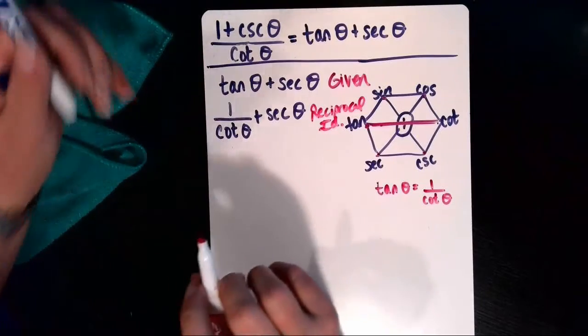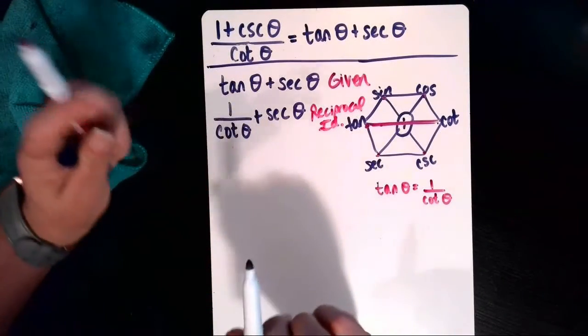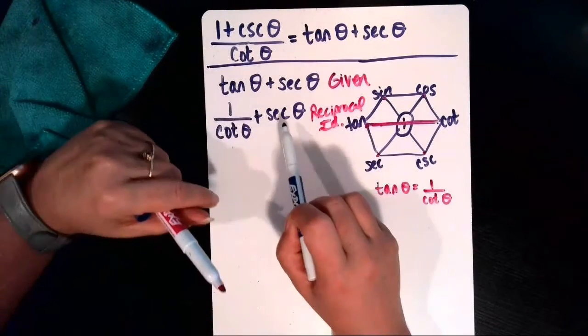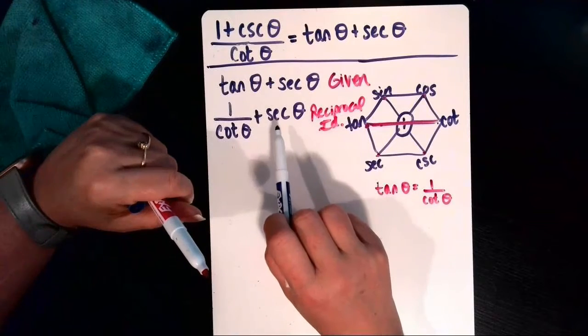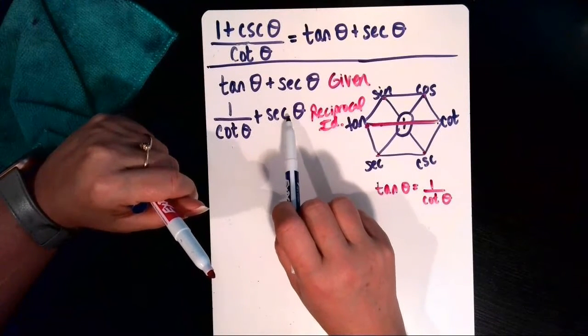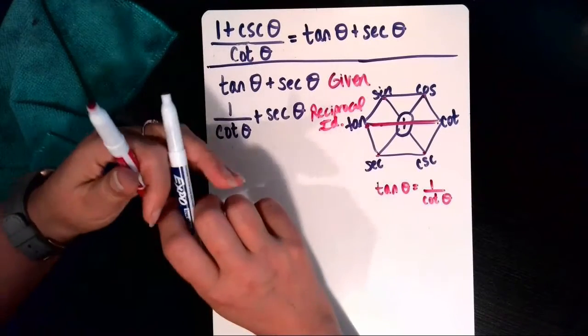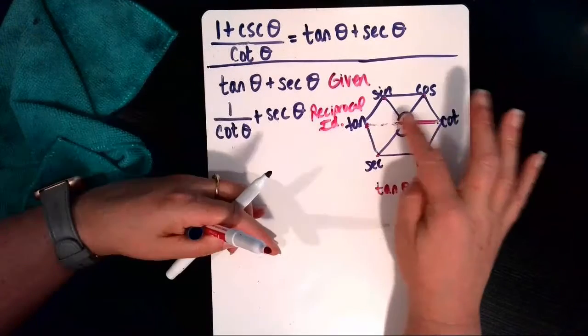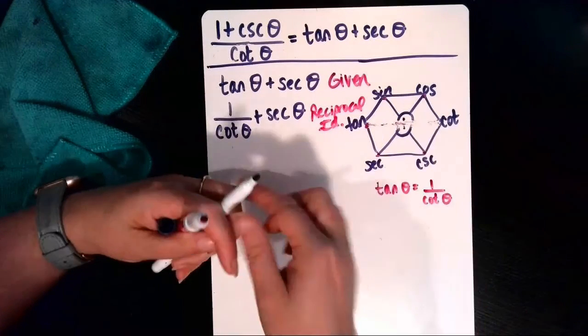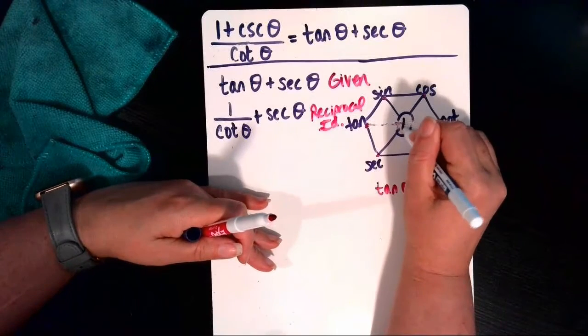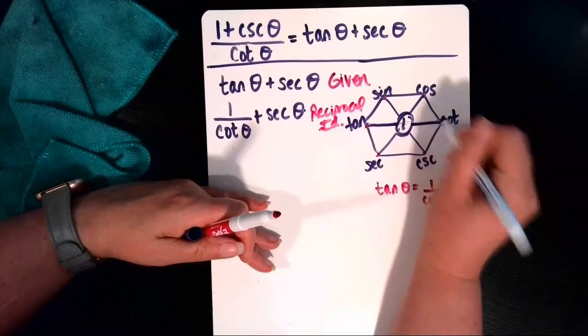So next, in step number 3, we're going to take a look at this secant here, and we want to represent secant with a denominator of cotangent. And looking back at our trig hexagon here, let's see if we can put it back together. That's a 1 in the center. There we go.